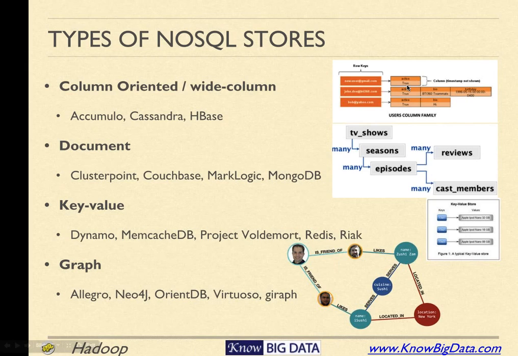All right. So the fourth one is the graph database. Graph databases are the newest in the industry and are still sort of in infancy because it's really complex to crawl a graph. There are many different innovations happening in graph databases, starting with Neo4j, Giraph, and others.